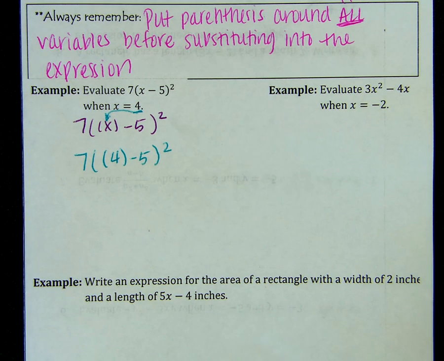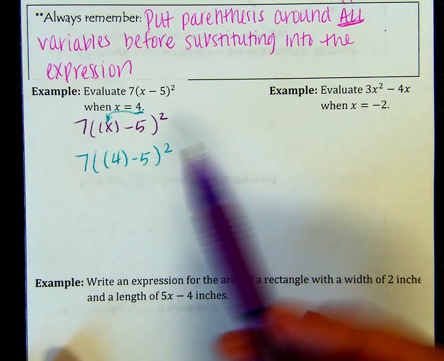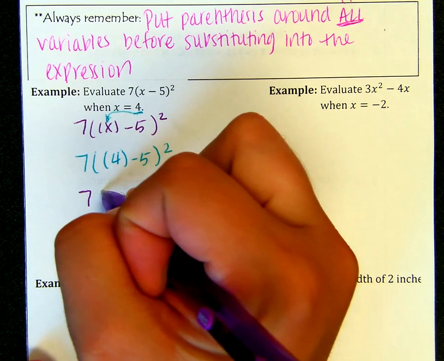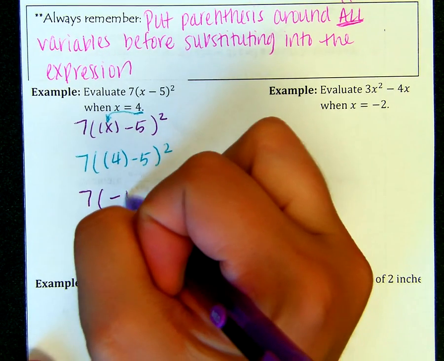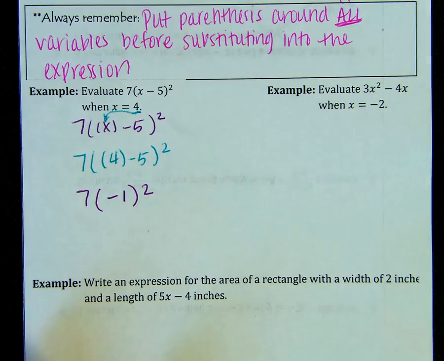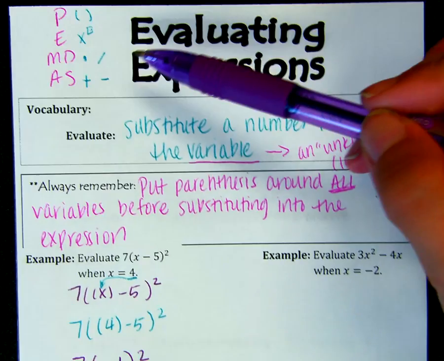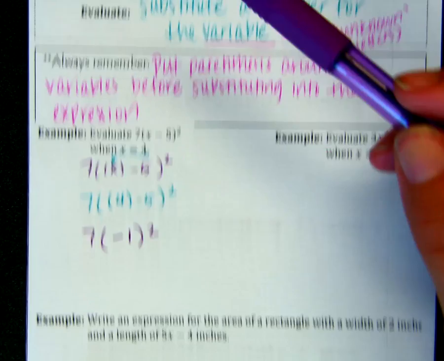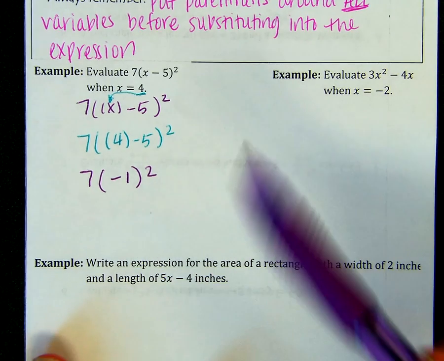Now we follow PEMDAS. You have it plugged in, so we take care of what's inside the parentheses first. What is 4 minus 5? 4 minus 5 is negative 1, squared. The next thing in PEMDAS is E, our exponent. So what's negative 1 squared?